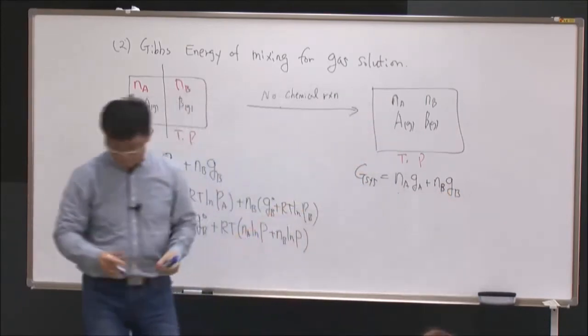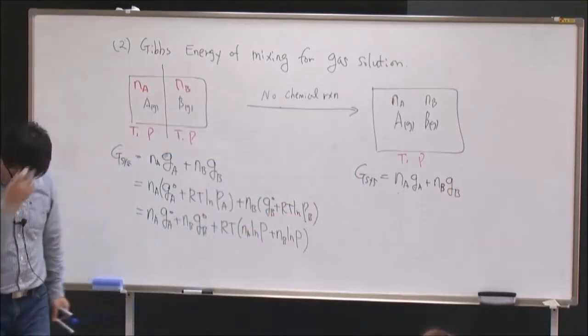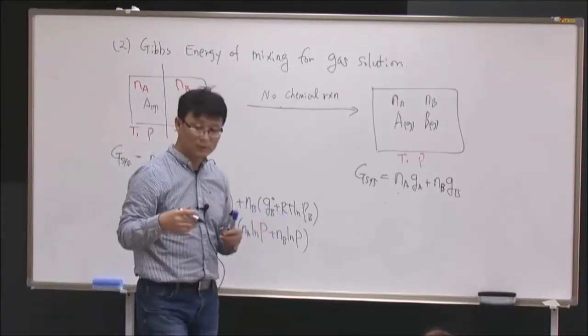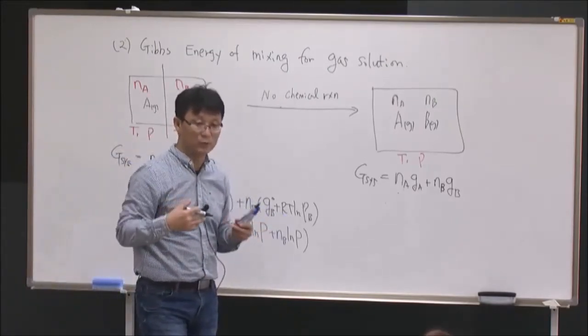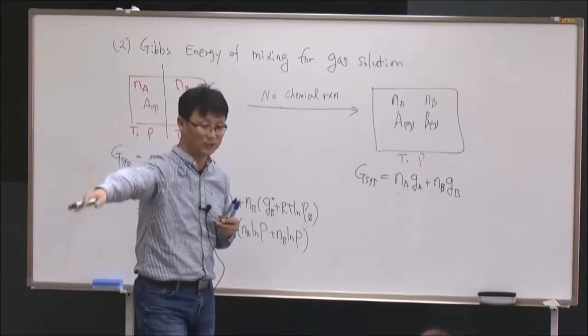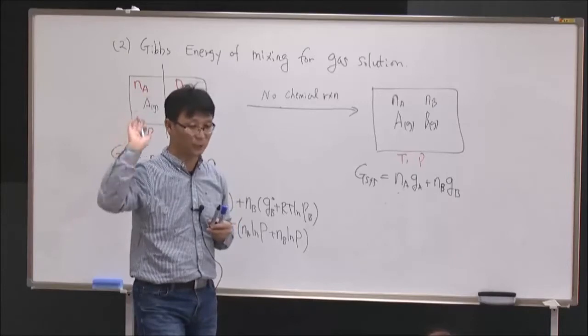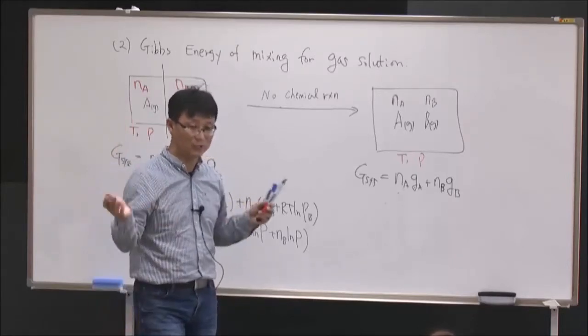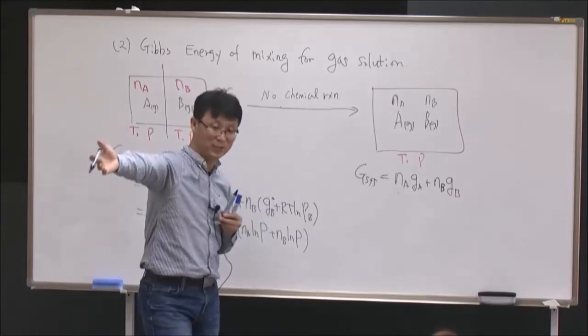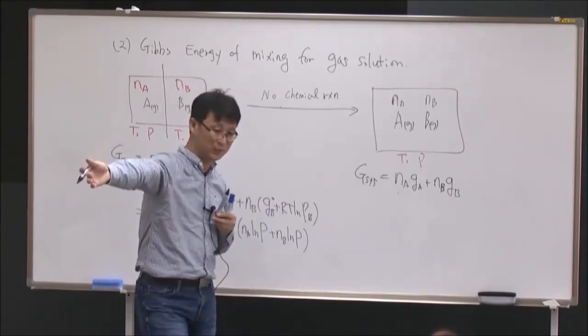And I told you before, when you have a solution phase, before it becomes a solution phase, I don't care about the B phase. The A phase doesn't care about the B phase, whether it's existing or not, I don't care. Okay, that was the idea. But now it becomes a solution, then I have to care about B, yeah? Because I know now B is existing.